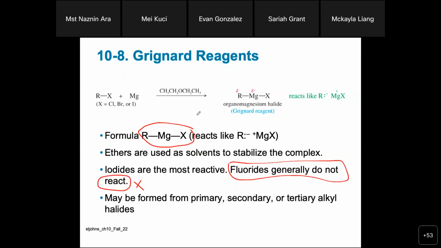And here we use ether, to stabilize or activate this reagent. This ether is anhydrous.